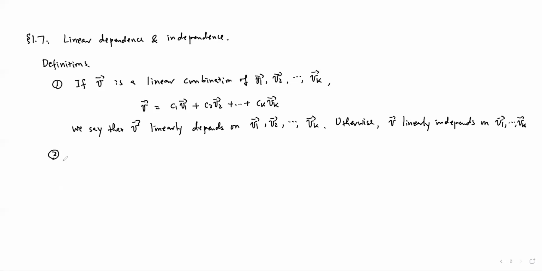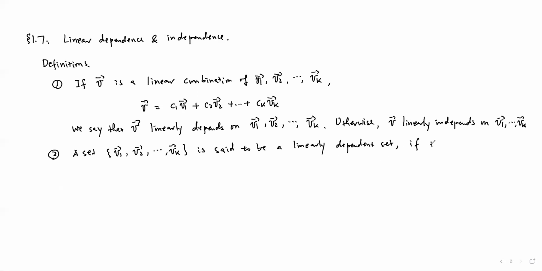Second definition: a set of k vectors is said to be a linearly dependent set. What does it mean?